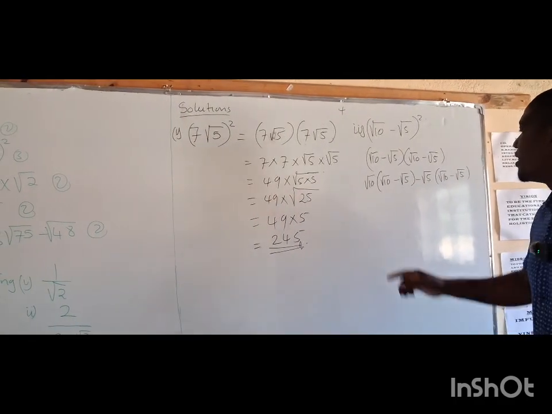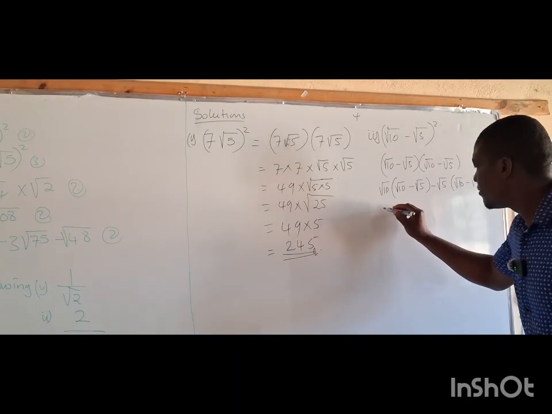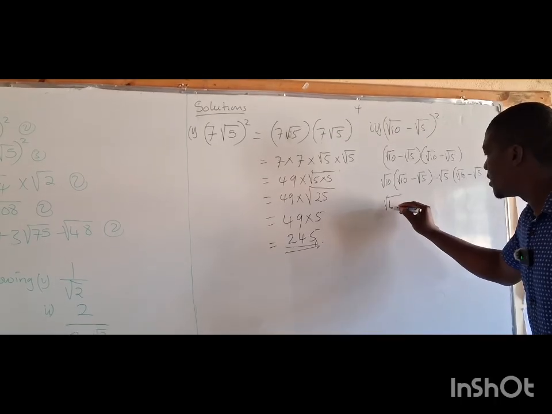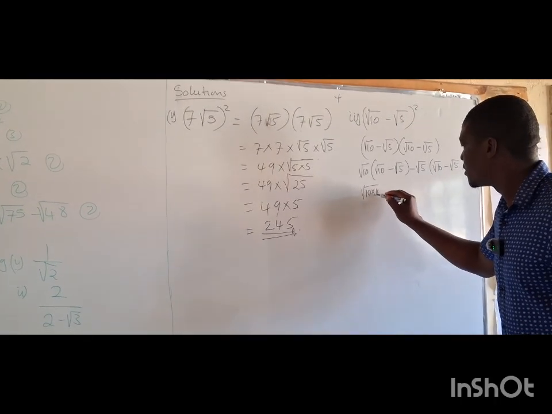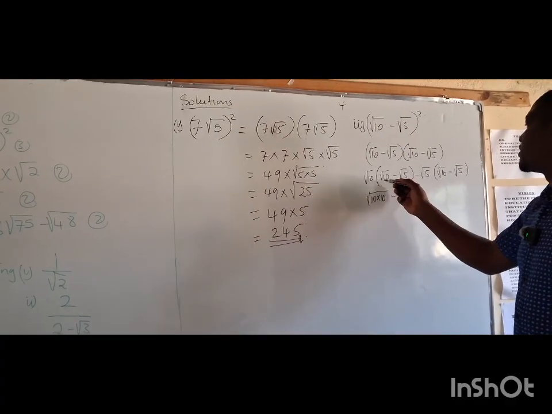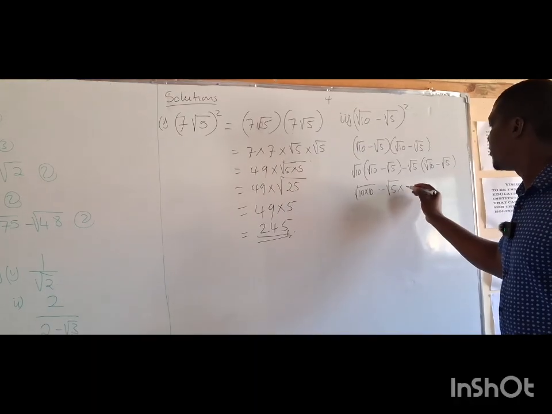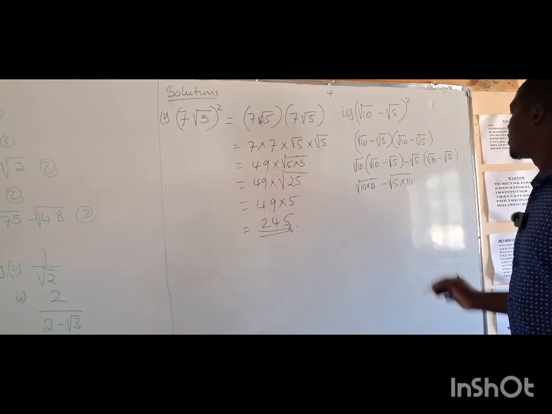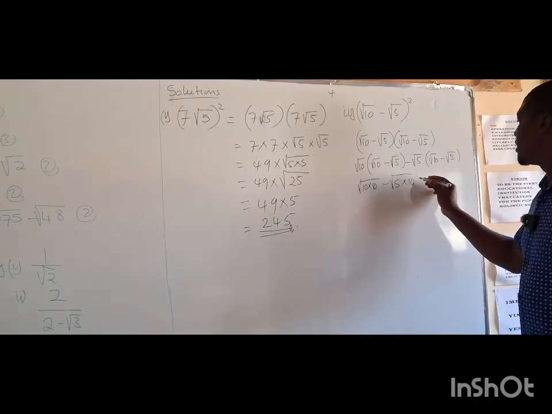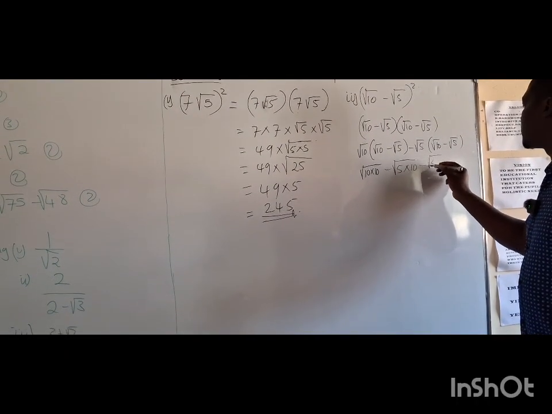So we are saying root 10 times root 10 under the same square root. And then we are saying minus root 5 times root 10 under the same square root there. Then we are saying minus root 5 times root 5.